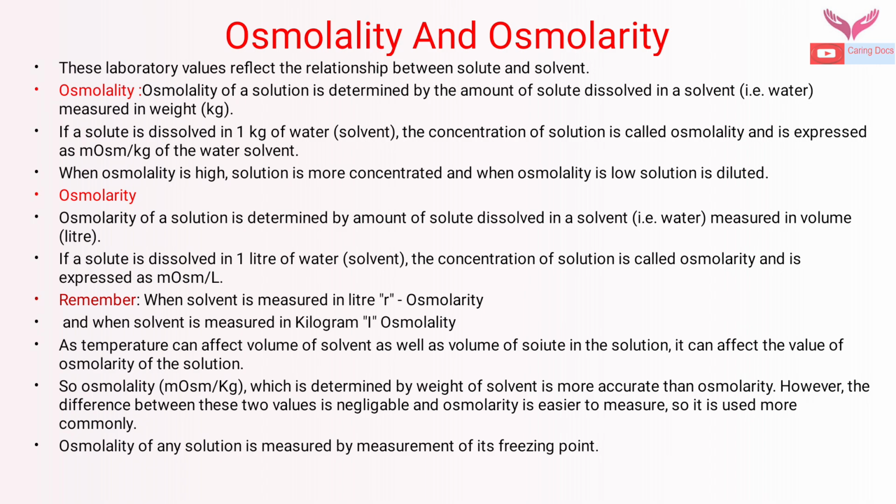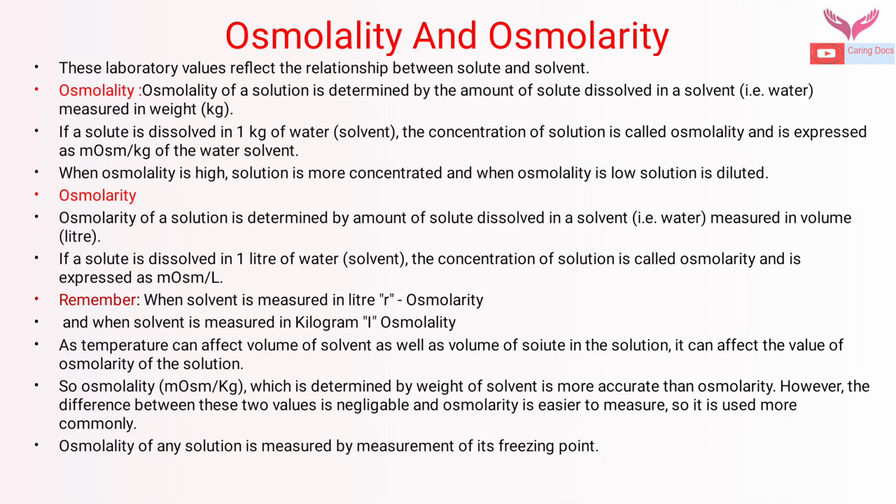If a solute is dissolved in 1 liter of water, the concentration of the solution is called osmolarity and is expressed as milliosmol per liter. So osmolarity is expressed as milliosmol per liter, and osmolality is expressed as milliosmol per kg. Just remember, when the solvent is measured in liters, it is osmolarity. When the solvent is measured in kilograms, it is osmolality.